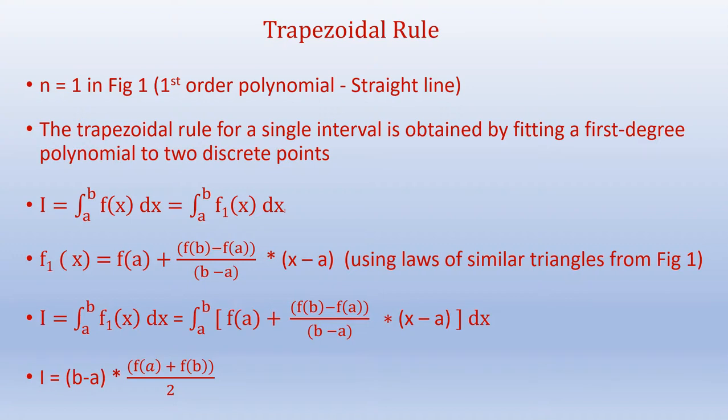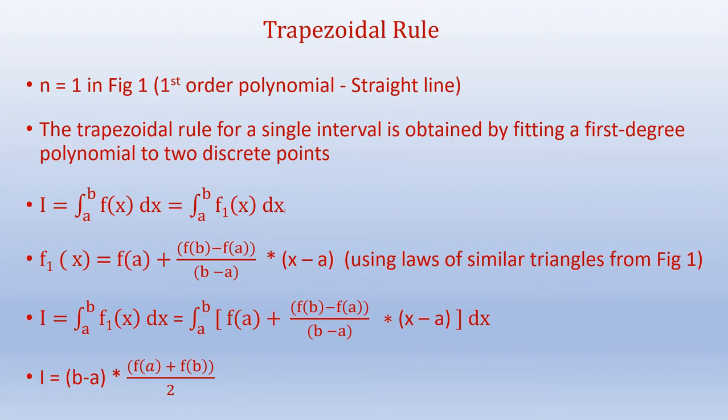The trapezoidal rule for a single interval is obtained by fitting a first degree polynomial to two discrete points. Here I equals integral a to b f of x dx, which is equal to integral a to b f1 of x dx. fn of x is the first degree polynomial in this case.